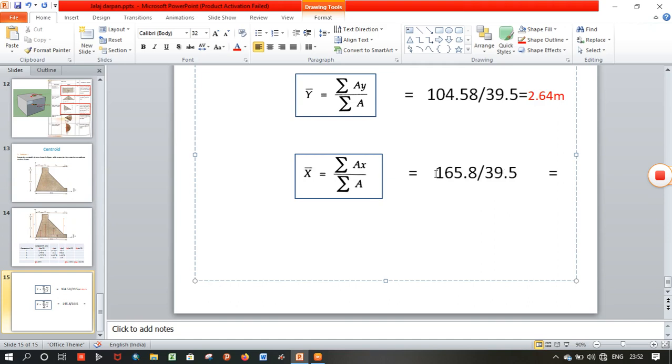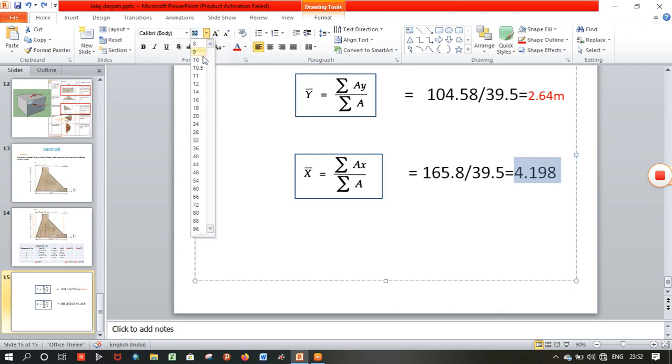So it will become x bar equal to 4.198 meter.